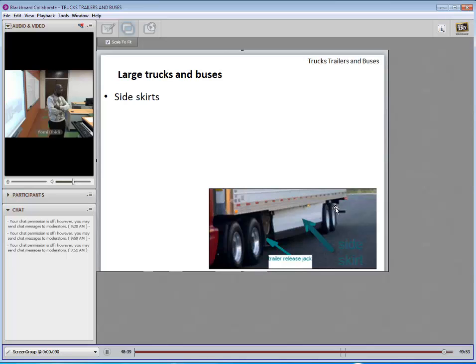So what you want to do is use a material that's stiff but not heavy. With that kind of material, you avoid the disadvantage of substantial weight being added by the side skirt, and you gain the benefit of aerodynamic drag reduction, which the side skirt provides.